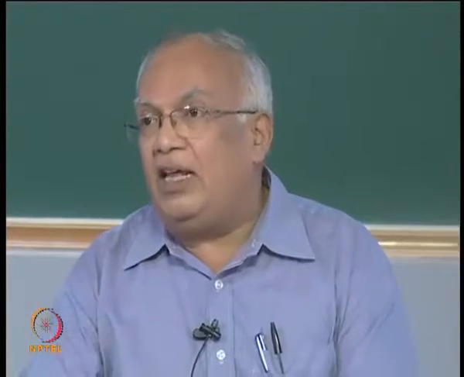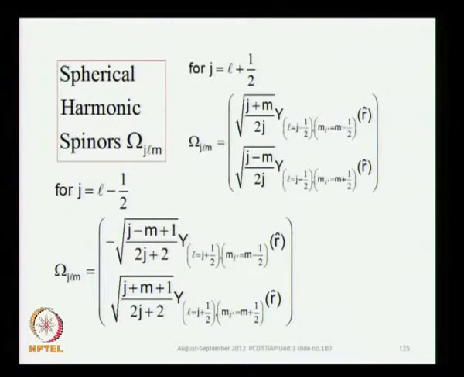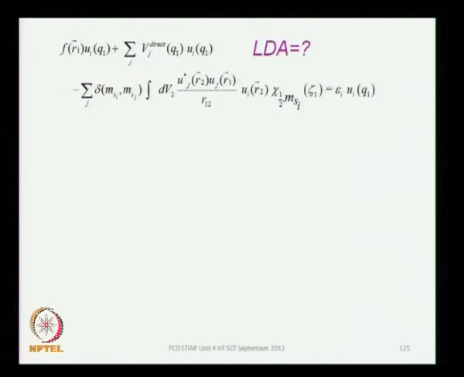So, in one go we have developed some familiarity with both the non-relativistic as well as the relativistic models. The only thing is that you have to make use of these 4 component functions. You will remember that we use these spherical harmonic spinors, and these are the ones which will go into the 4 component functions. So, using these you can develop the relativistic forms.